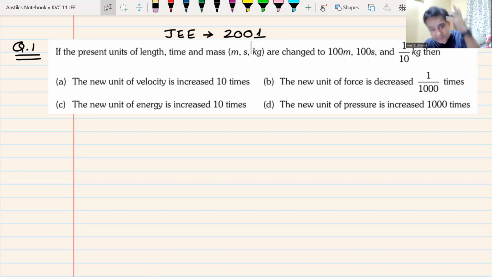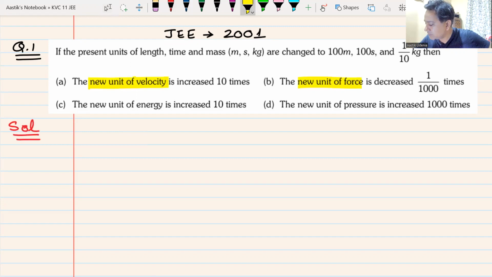Which is the correct option from the given ones? I'll give you 2 minutes to solve this. You have to find out new velocity, new force, new energy, and new pressure.